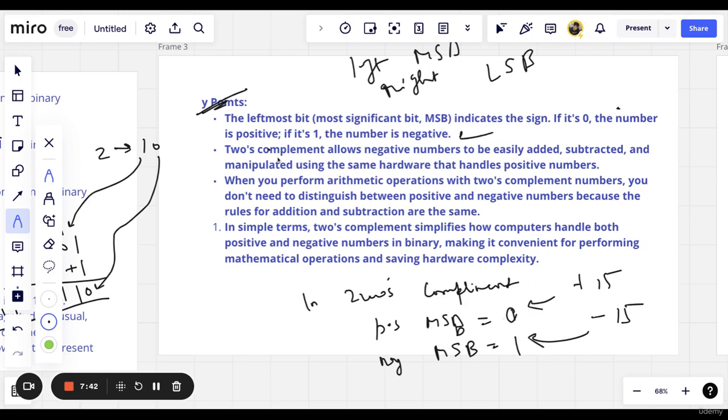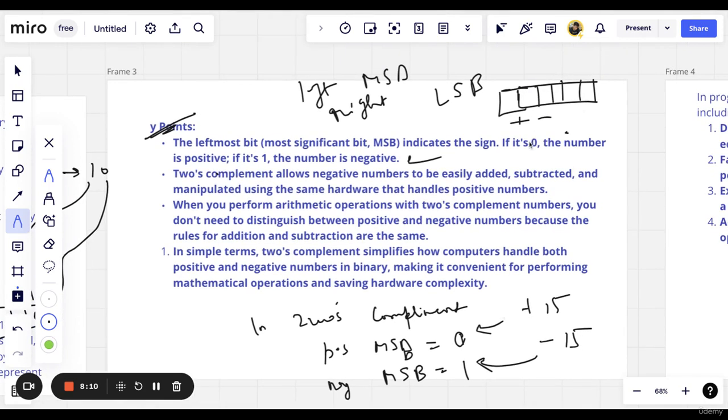So what is the use of two's complement? It allows negative numbers to be added, subtracted, and manipulated easily using the same hardware that handles positive numbers. We have a register in the computer that stores memory of the CPU for fast transactions. We have discussed registers in the previous videos. We need to handle both positive and negative numbers, right? We can't always depend on positive numbers.